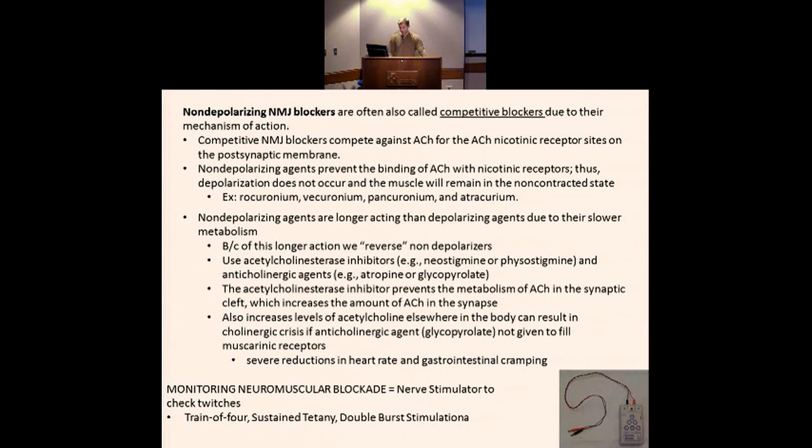Unfortunately, it acts on all your acetylcholine receptors, including your muscarinic receptors. Those are tied to bad things like a reduction in heart rate, GI cramping, and nausea. So we give glycopyrrolate or atropine to help mitigate that.